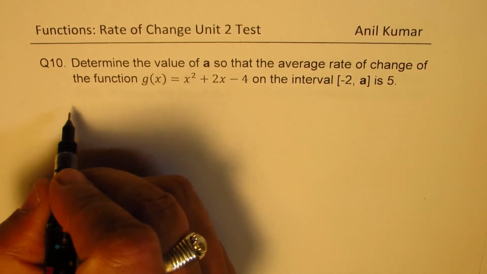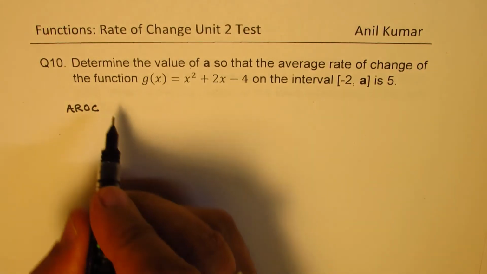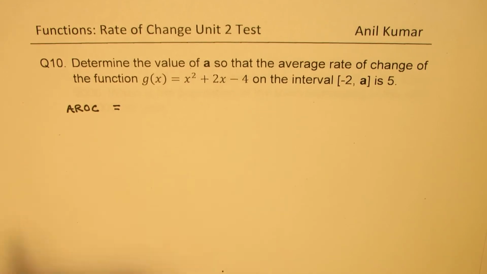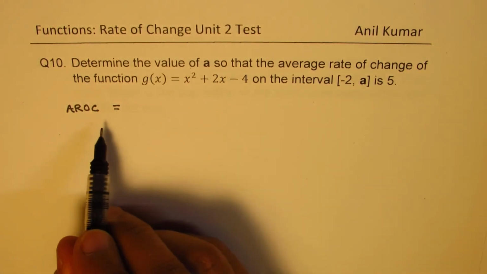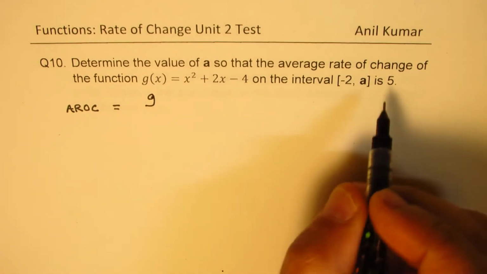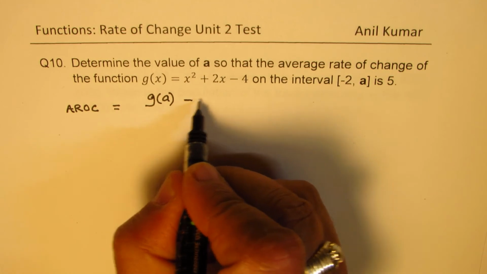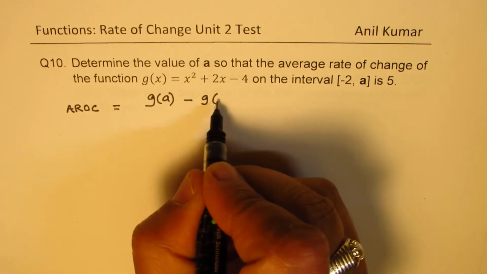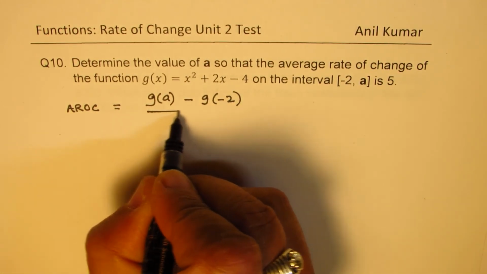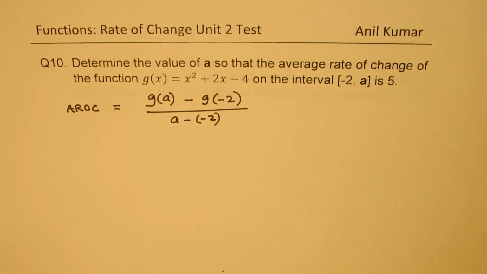So we are given the average rate of change in this case, and we need to find when will that occur, right? So the average rate of change in the given interval can be written as g of a minus g of minus 2 over a minus 2, correct?